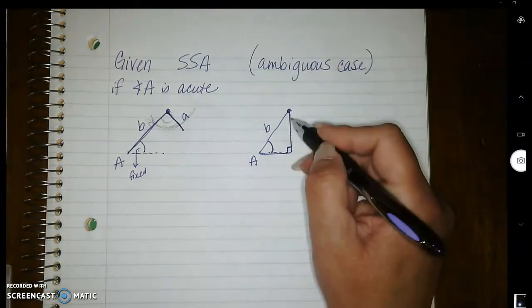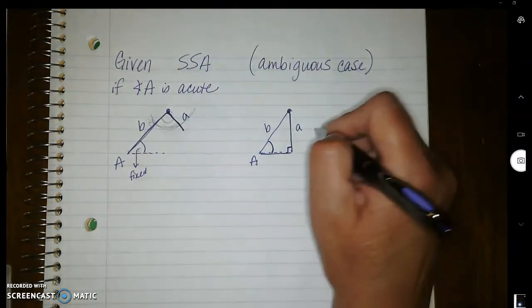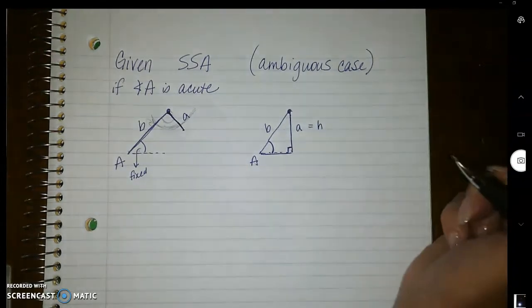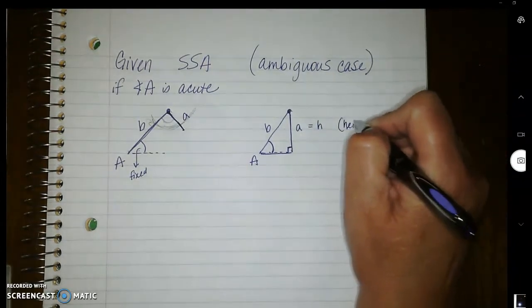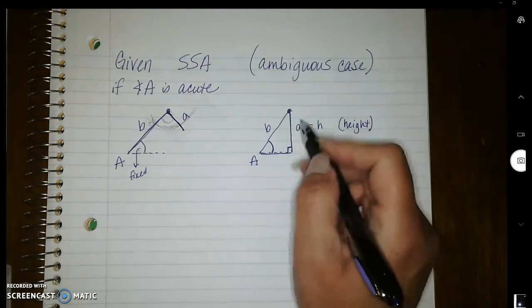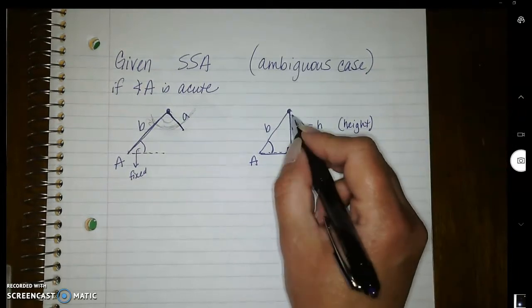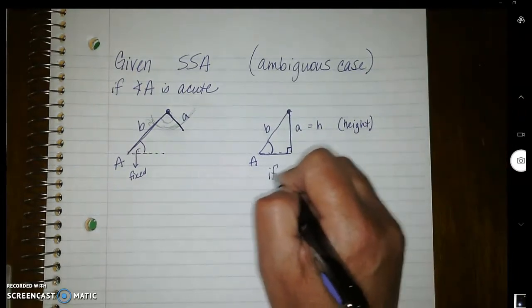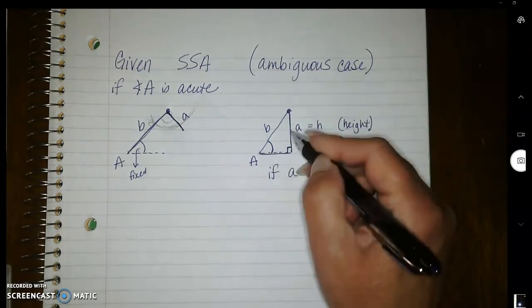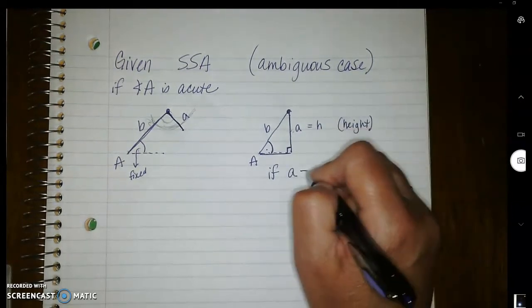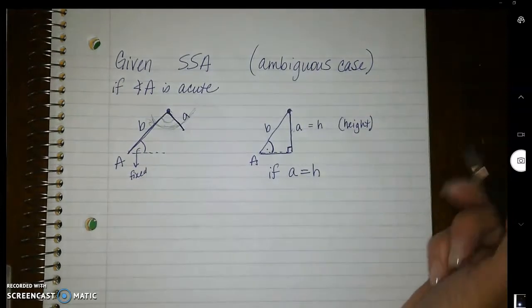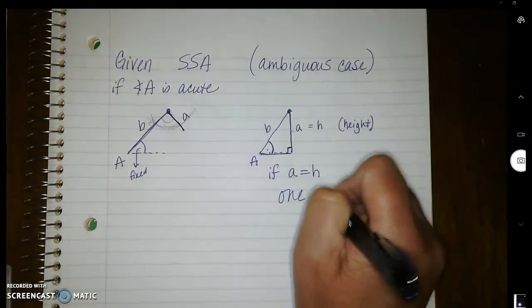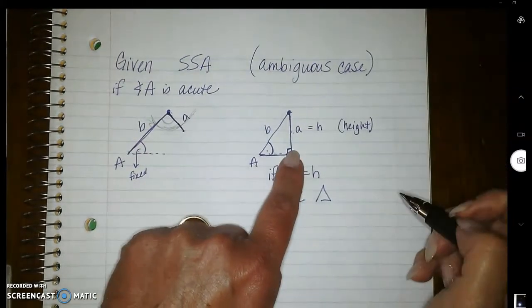What is this side on the triangle called, right? It's actually the height, right? This is the height. And so if the side A, right? So if the side that is opposite your fixed angle is equal to the height, then you're going to get one triangle, and it looks like this.